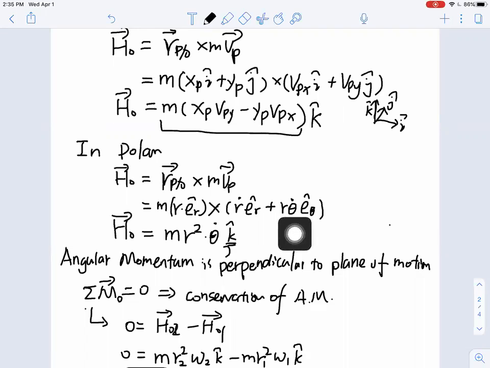So this angular momentum equation does not tell you anything about r dot.